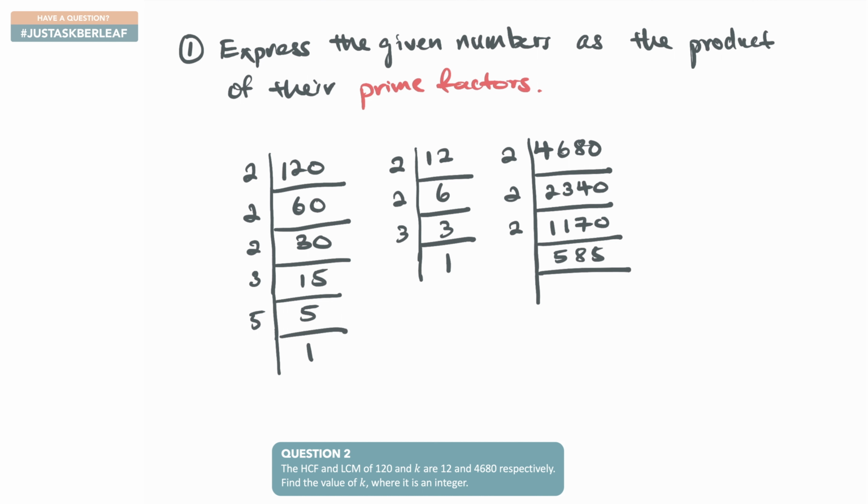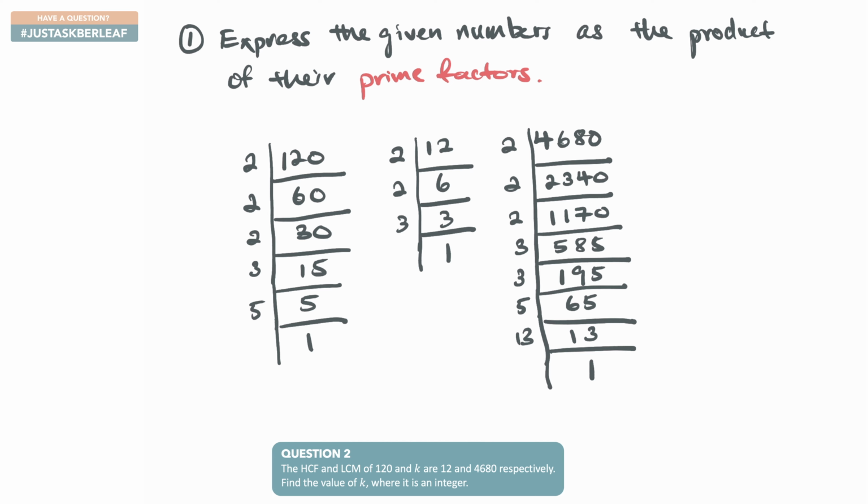Alright, this can be divided by 3, so we have 195. Okay. Another 3, and that would give us 65. Okay, this would be divisible by 5, giving us 13. And last but not least is 13, giving us 1.